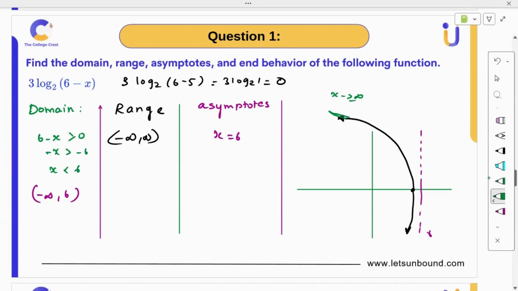So the limit as x goes to negative infinity is infinity. Then you should not do the limit as x goes to positive infinity. Instead, you should do the limit as x approaches 6 from the left, which goes down, so negative infinity. This is the end behavior.